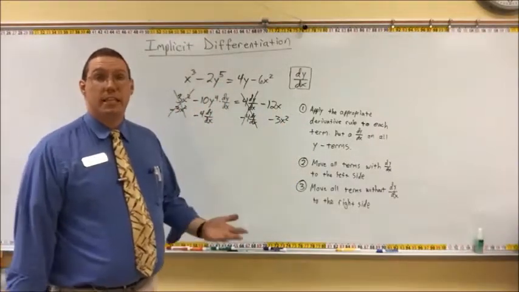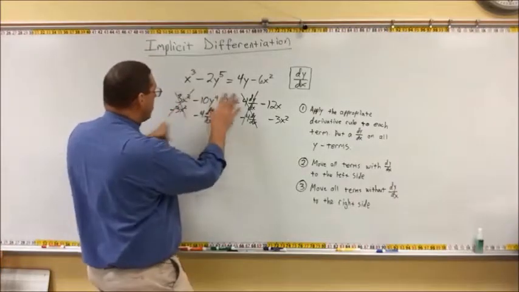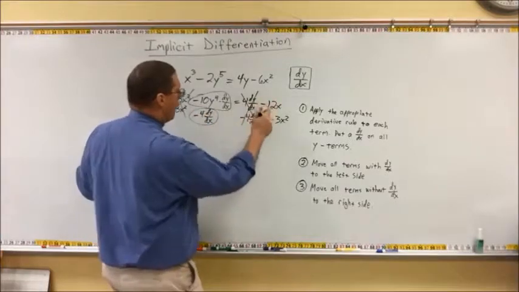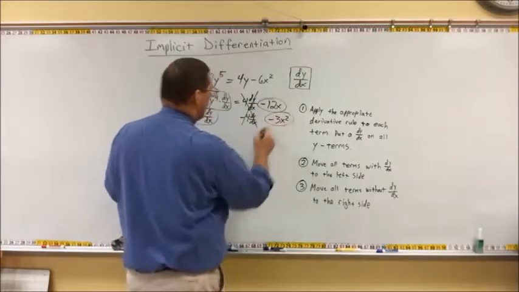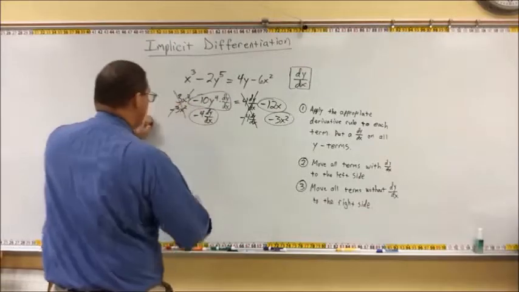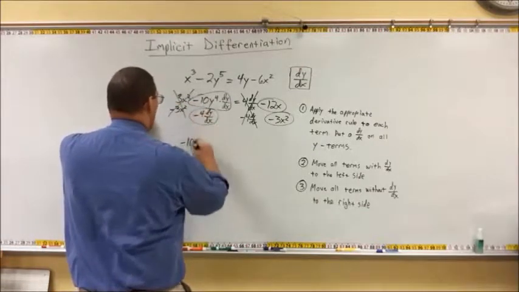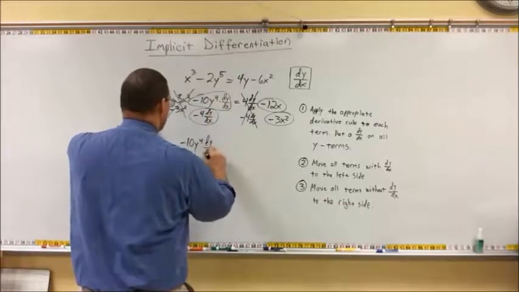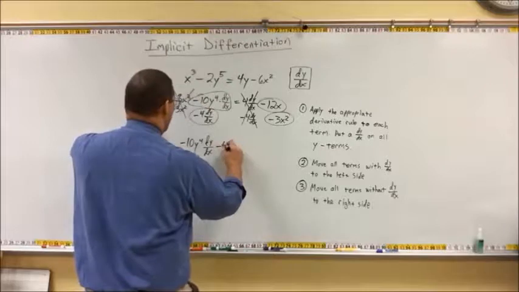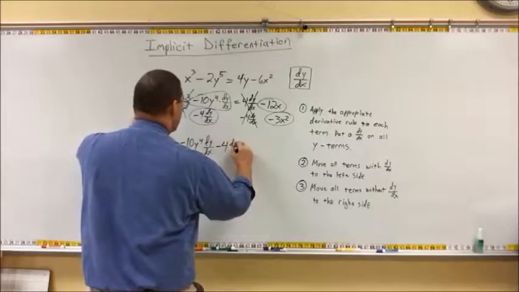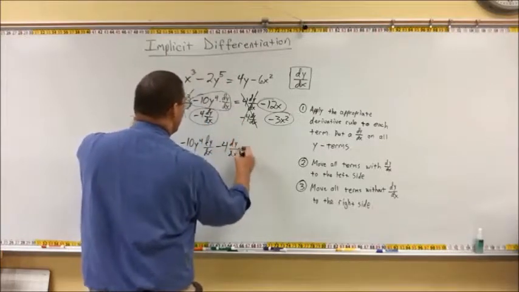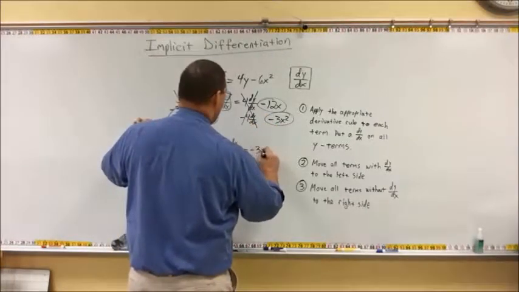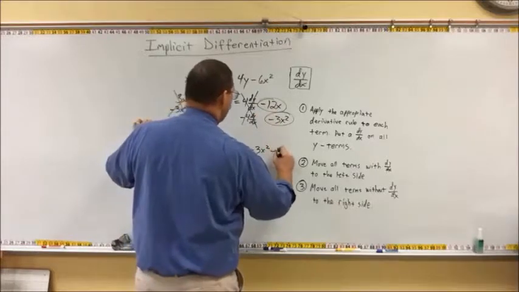And now we just have to clean it up. So over here, all we have left is this and this. And over on this side, we have this and we have this. So we're going to have negative 10y to the 4th dy/dx minus 4 dy/dx equals, let's do negative 3x squared minus 12x.